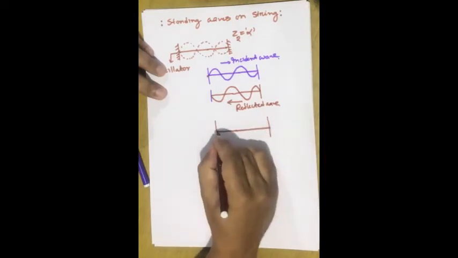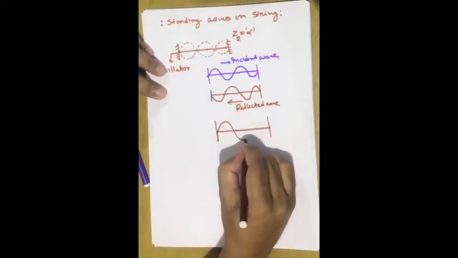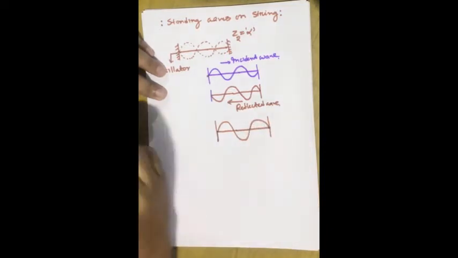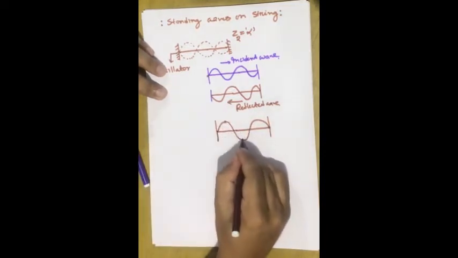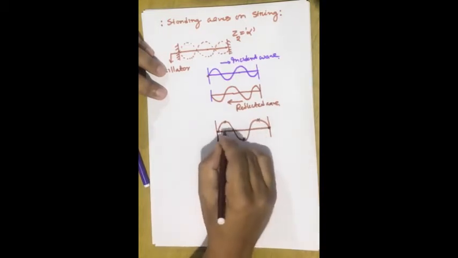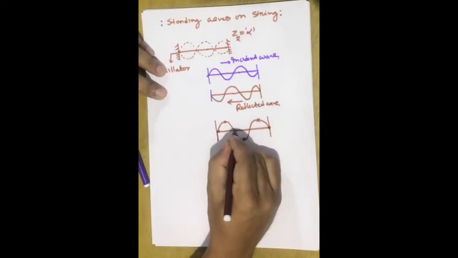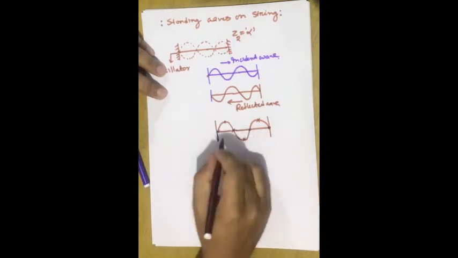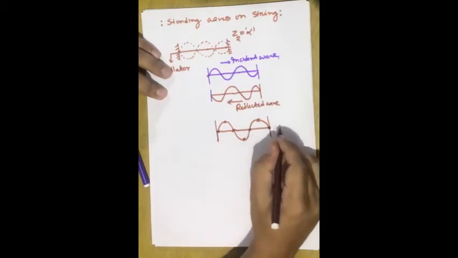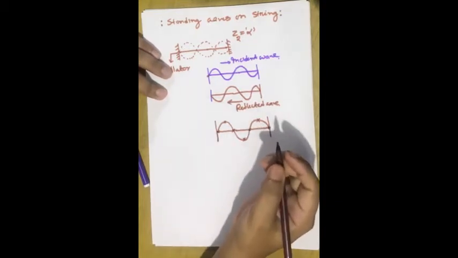Now these are the positions of maximum and minimum. This position of maximum and minimum will not change as time advances. That's why they are known as standing waves.